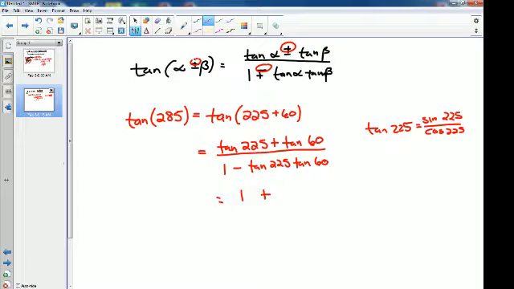And tan 60. I always write these down because they go sideways in my head sometimes. 1/2 over root 3 over 2. Sine, cosine, right?